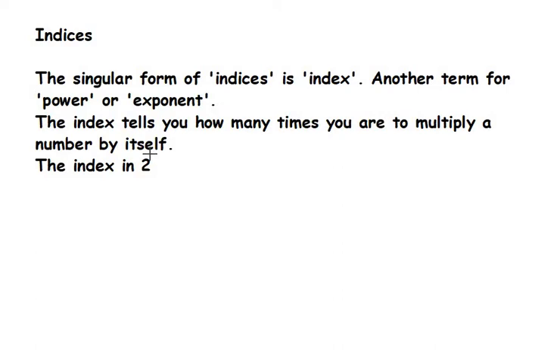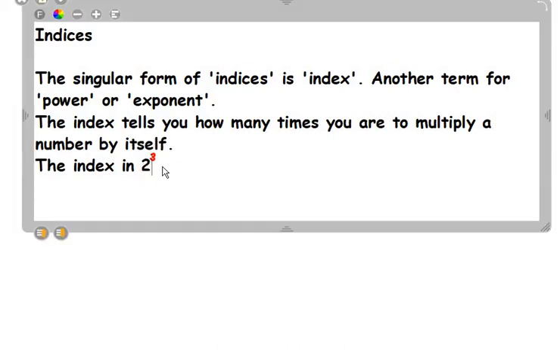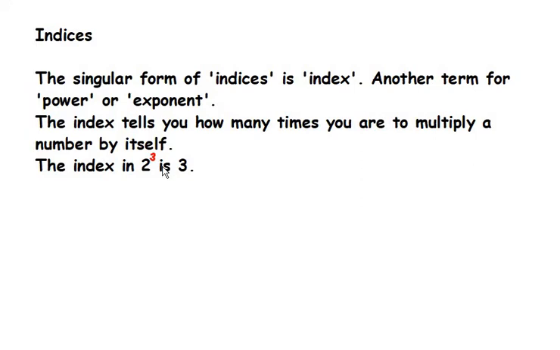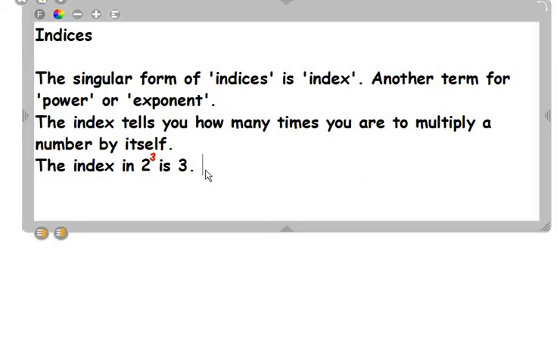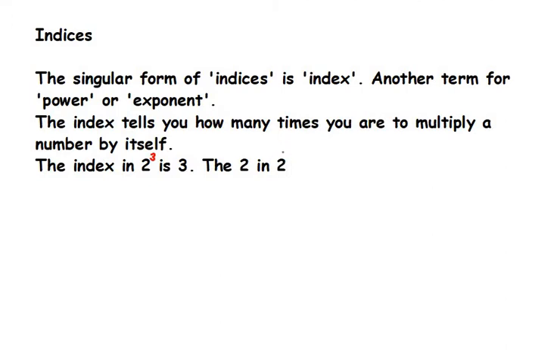Alright, let me use another index. Let me use 3 instead. Okay, the index in 2 cubed is 3. Now the bigger number, or the number that you're multiplying by itself, is called the base. So the 2 in 2 cubed is called the base.